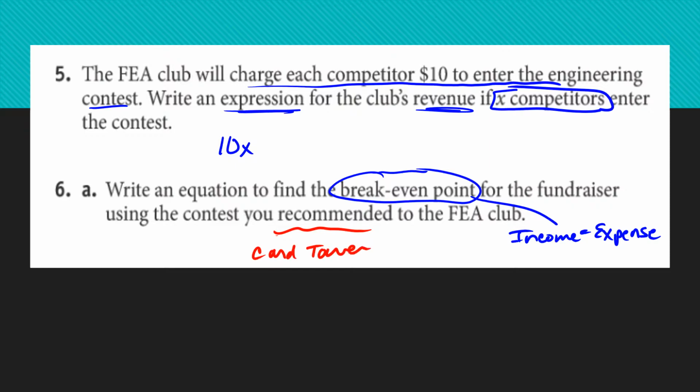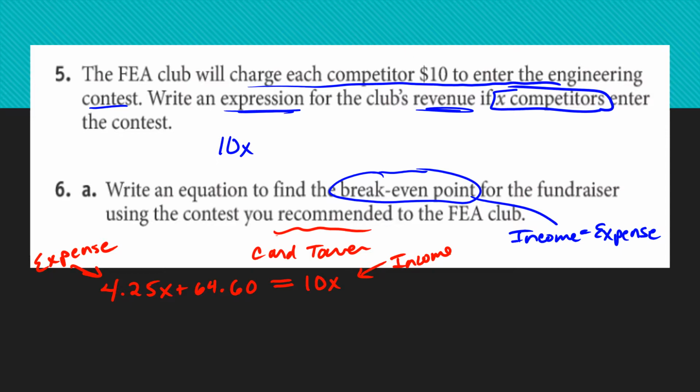And the expense for Card Tower was 4.25x plus 6460. The profit, we want to know when it's going to equal the income. Well, the income is 10x, right? So this is the income. This is the expense for the one we recommended. So if we solve this, we'll know how many competitors have to come in order for us to break even and start making money.